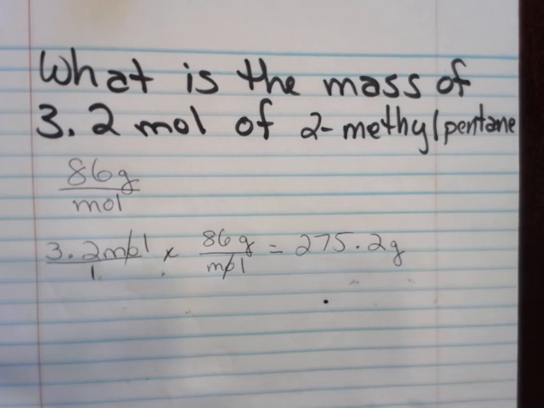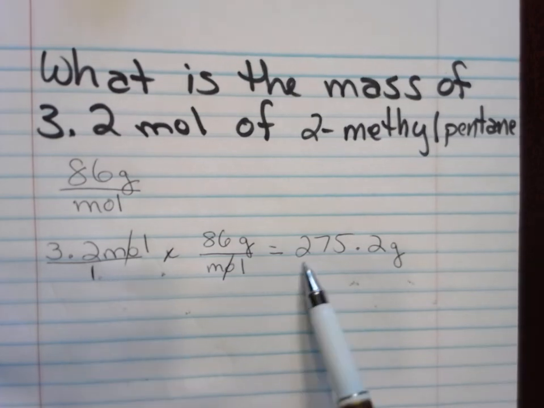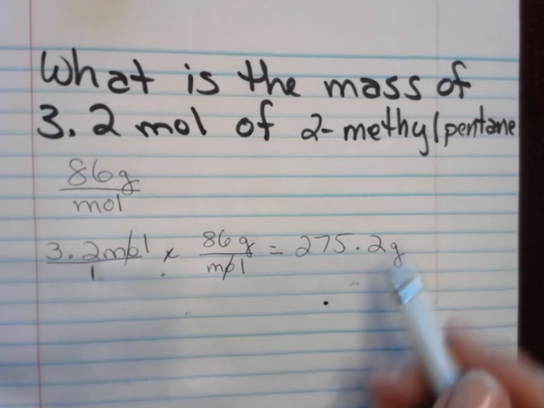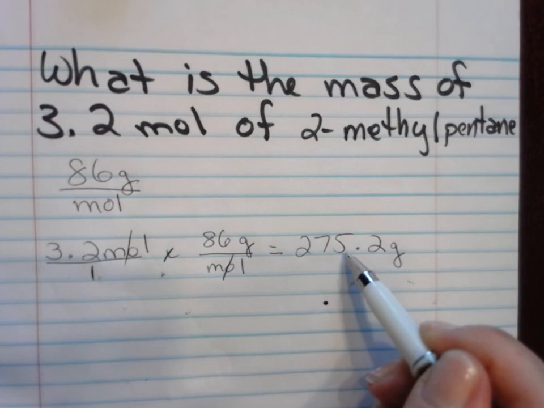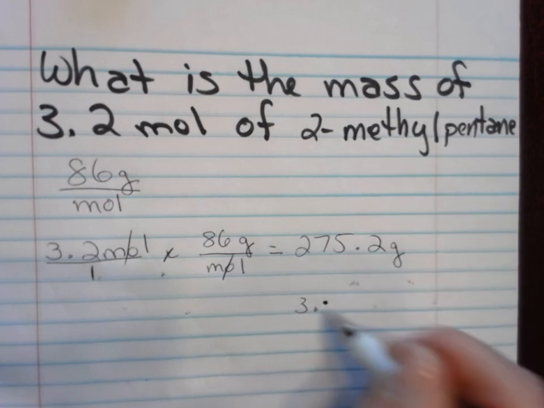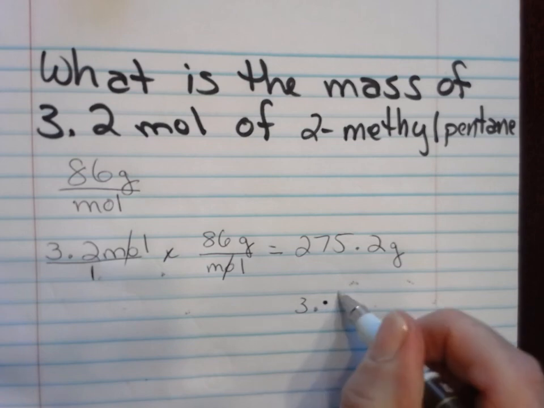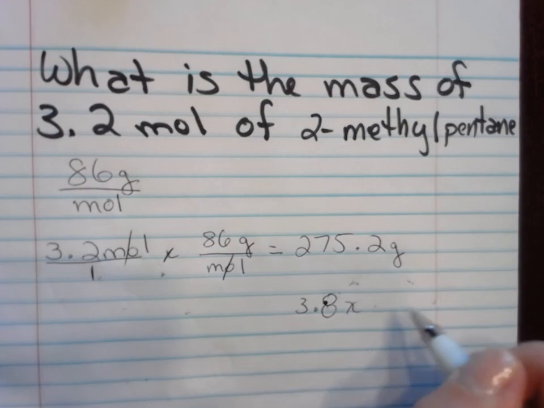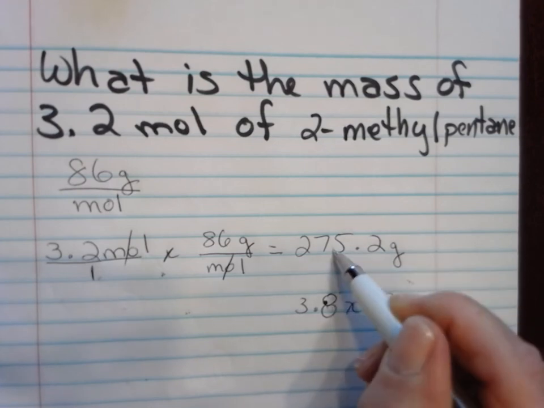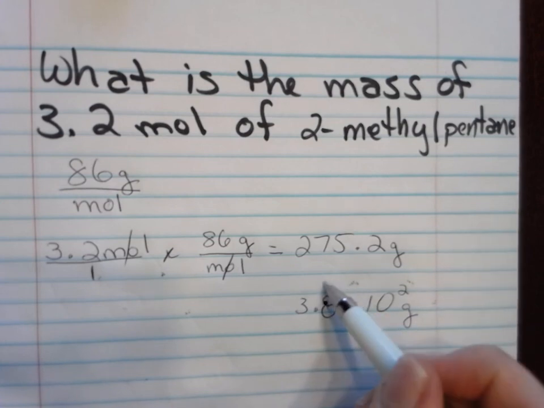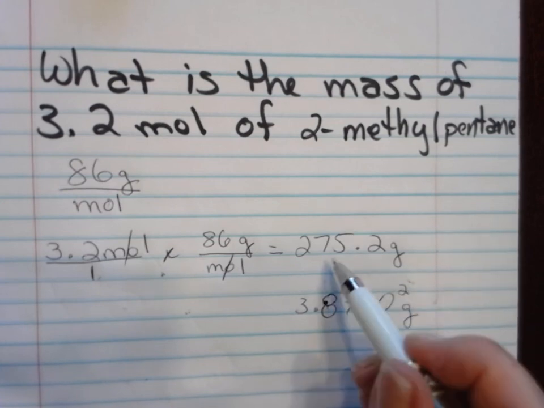If I were to be picky on significant figures, then with 2 significant figures this would end up being 3.8 times 10 to the second grams, but there's a reason why we're not too worried about that right now.